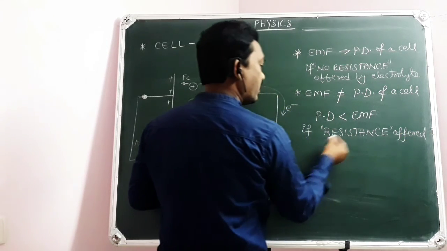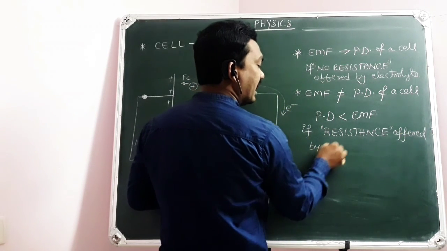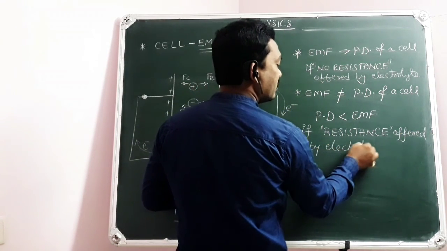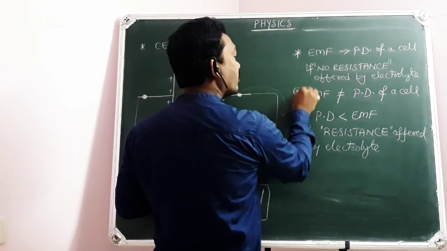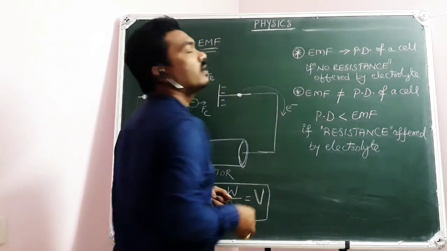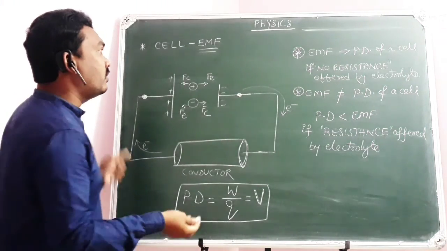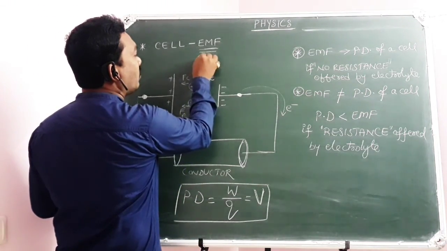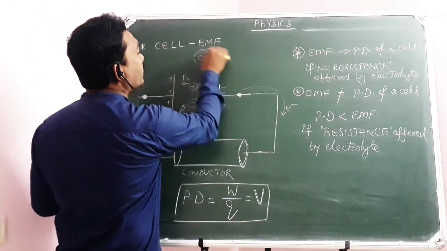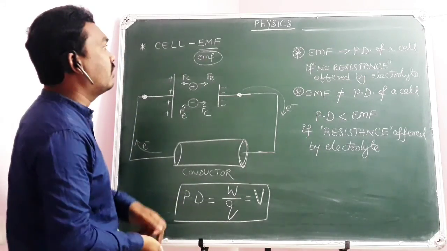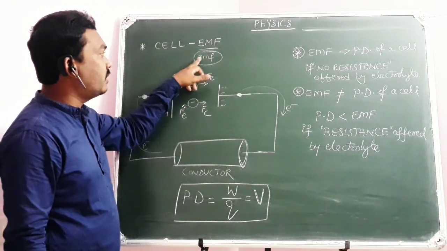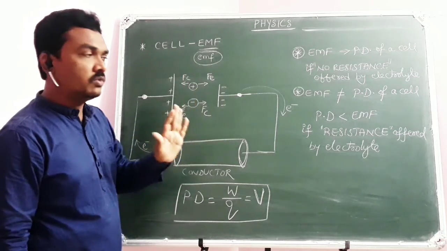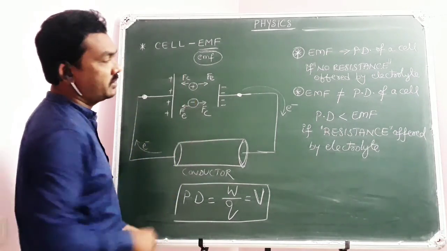Then in that case, when resistance is offered by the electrolyte, the potential difference will be less than the EMF. Of course, EMF notation is usually in small letters. Just for convenience, I have given it to you as capital letters. Usually, you will find in the books EMF in small letters. Electromotive force. Anyway, this is the point.